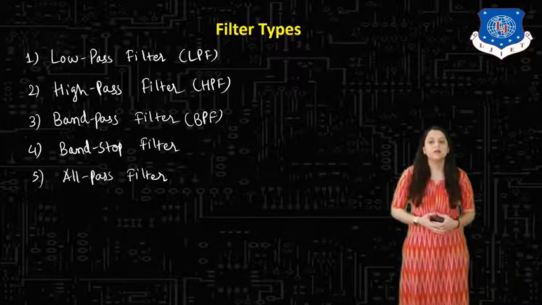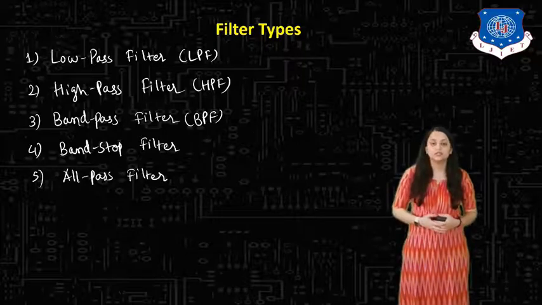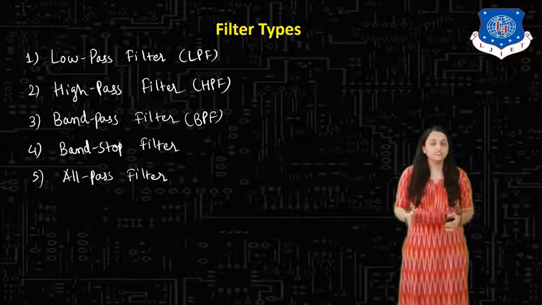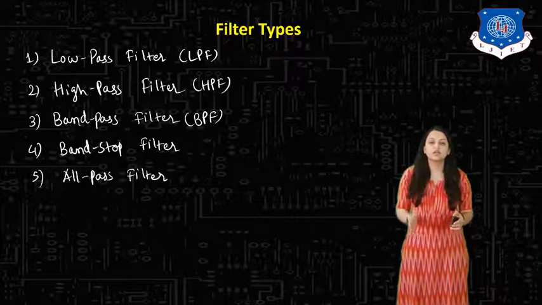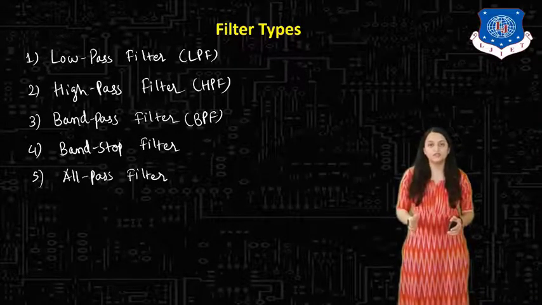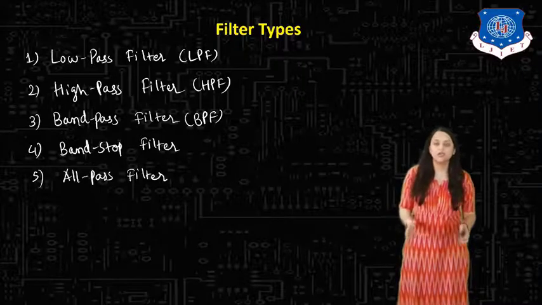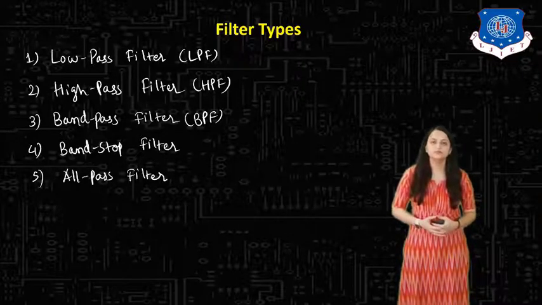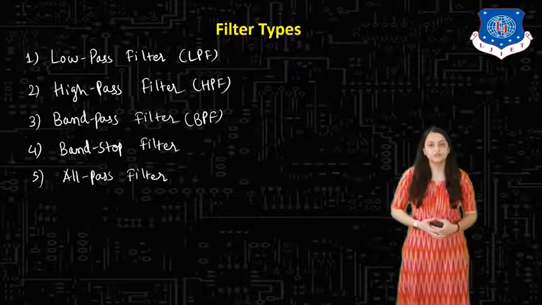Third one is band pass filter. That means this will allow the frequencies that fall into some particular frequency band to pass. That means it will have a range of frequency, with a high frequency limit and a low frequency limit. Next one is band stop filter.